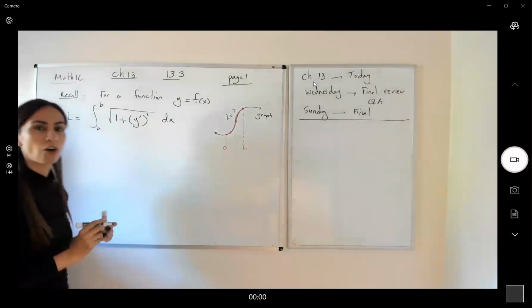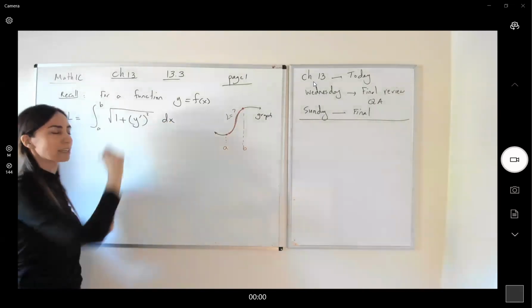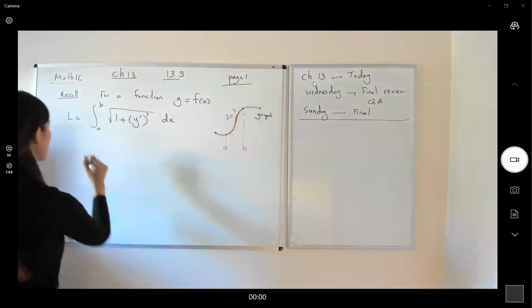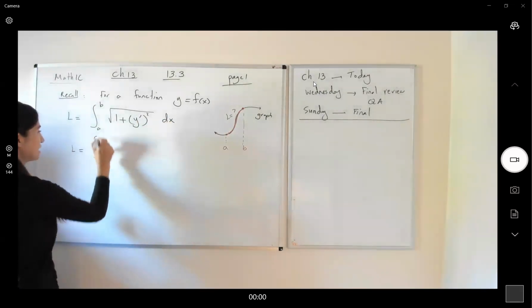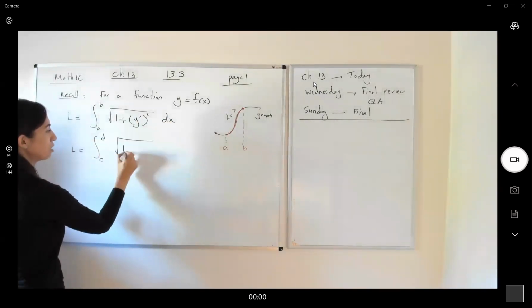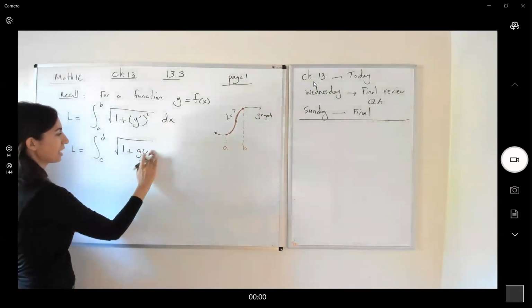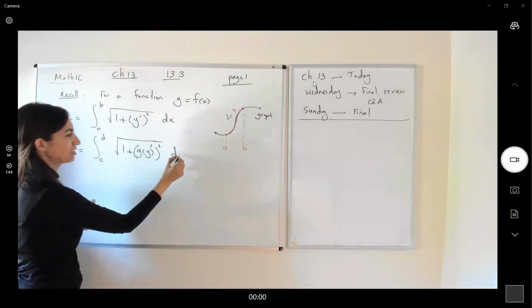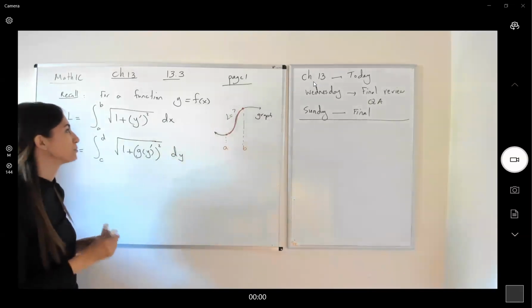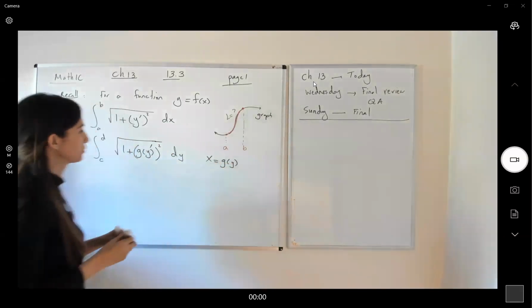Of course, if it's hard to take the derivative with respect to x, and if you get a complicated integral, you can always switch to y, from c to d, the integral of 1 plus, so suppose you rewrite this as a function of y, and you take the derivative and raise it to 2 with respect to variable y. So x is g of y.